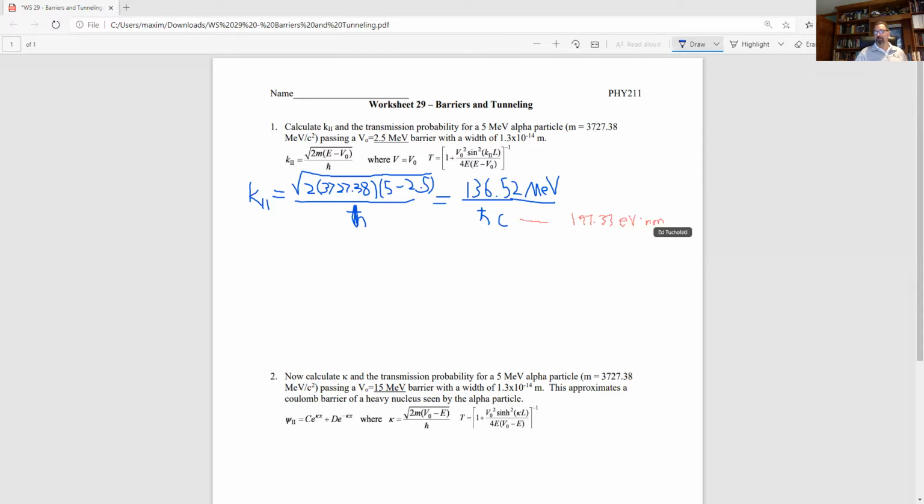And so your units will initially probably be inverse nanometers, but you've got MeV here, and the constant is eV, which isn't too bad. That's just a factor of 10 to the 6th. I'm okay with leaving it in radians per nanometer, because if you look, your barrier width is 10 to the minus 14th meters, which you can write as a nanometer and cancel them without any problem.